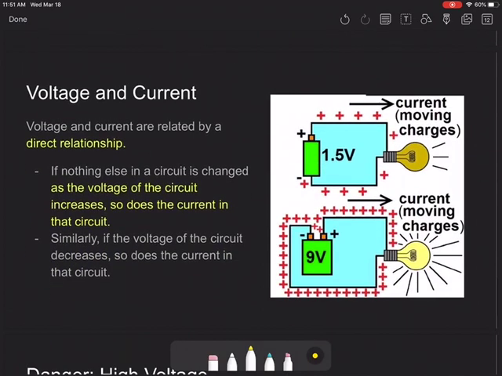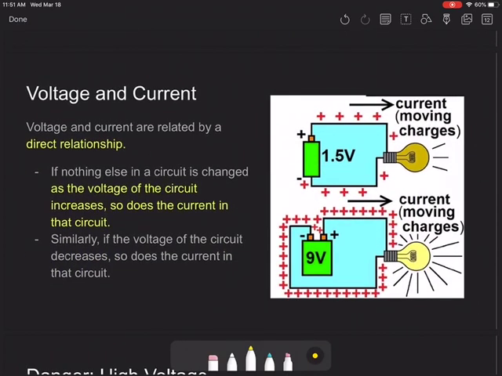Okay. A couple of things. Voltage and current are directly related, which makes sense. If I have a low voltage, that means I have a small push pushing the electrons around. If I have a small push, the electrons aren't moving that fast. They're only moving as fast as they're being pushed to go around.